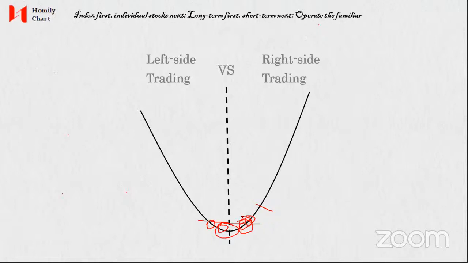Then you buy, maybe you will buy earlier, just at the moment the price begins to move up on the right side, right? But if you wait until the signal of the right side trading indicator, then you buy maybe even later. So that's the advantage of left side trading, get you prepared in advance.